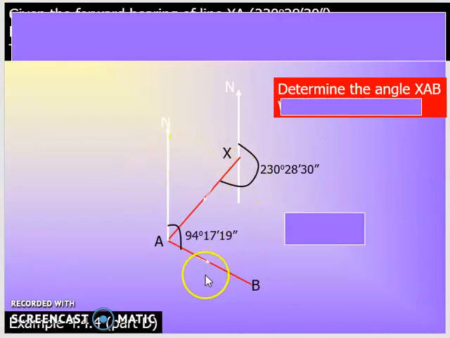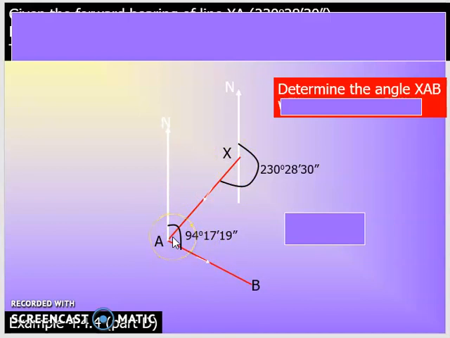So again, given this situation where the whole circle bearing or the forward bearing of the line XA is equal to 230 degrees, 28 minutes and 30 seconds, and the forward bearing of the line AB is given to be 94 degrees, 17 minutes and 19 seconds, you can also work out this angle XAB.